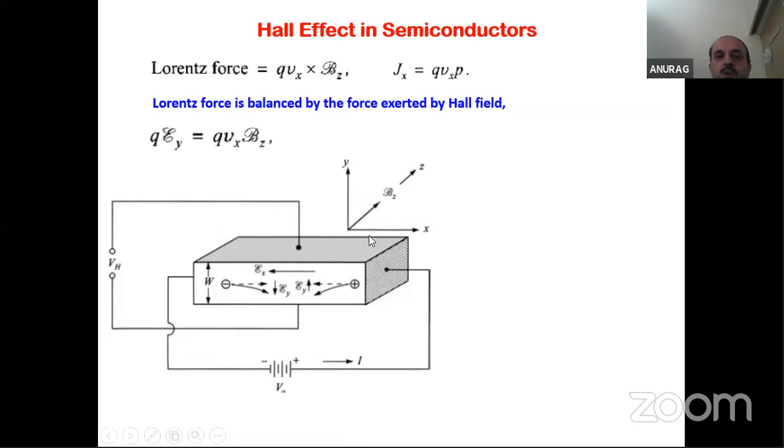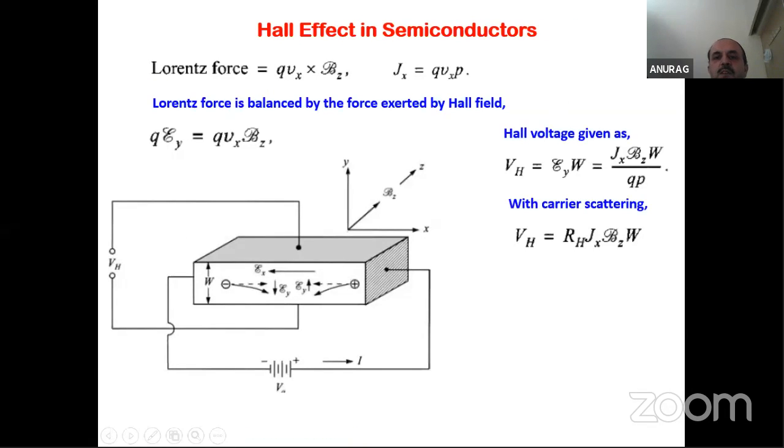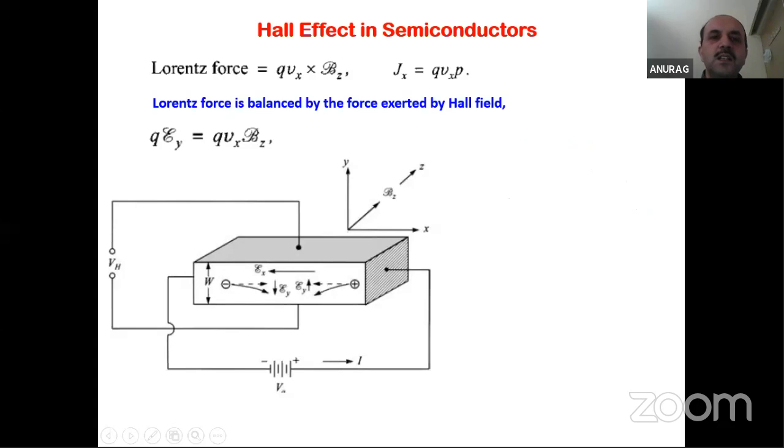Now I come to the other measurement, which we call the Hall effect. I think most of you know that you take a sample and pass a current across the two ends, and in a perpendicular direction, here the Z direction, you apply a DC magnetic field.